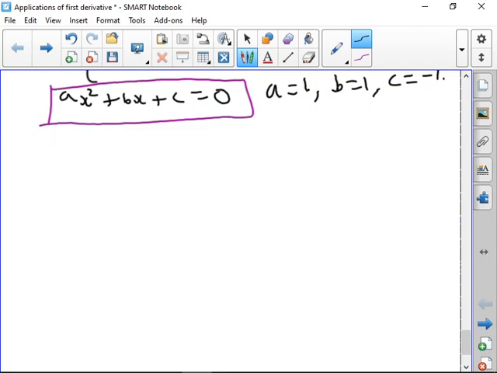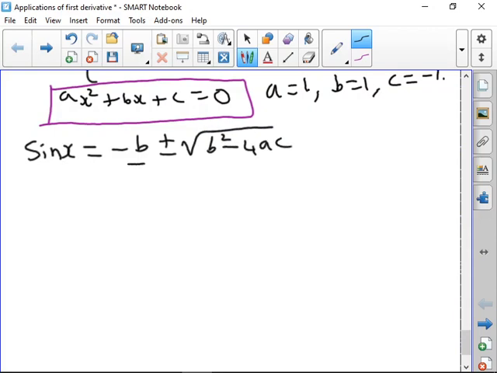Sin x is equal to minus b plus or minus root of b square minus 4ac by 2a. So it is equal to minus 1 plus or minus root of b square is 1 minus 4ac.